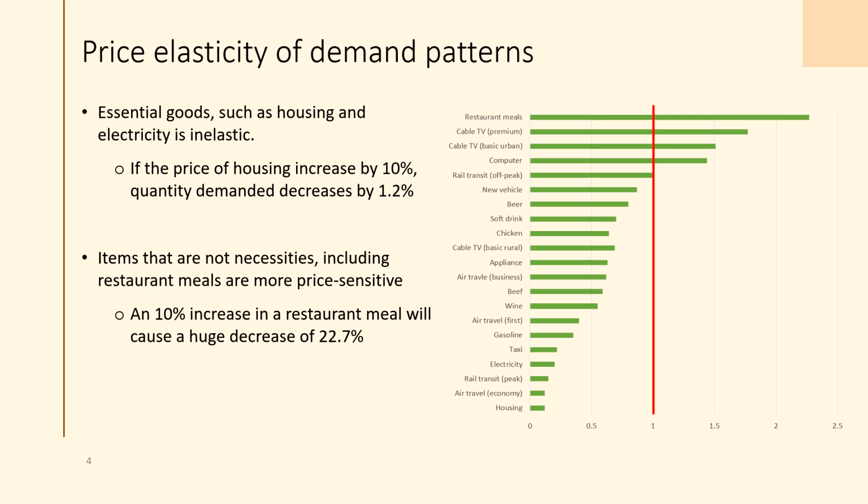On the other hand, non-essential goods such as restaurant meals tend to be more elastic. A 10% increase in price might lead to a large decrease in quantity demanded, such as 22.7%. This tells us that people are much more sensitive to price changes when the good is not a necessity.